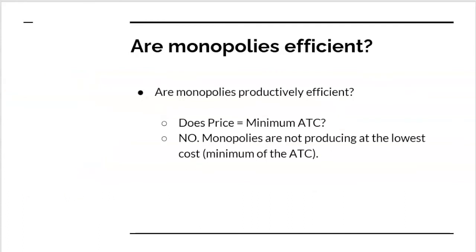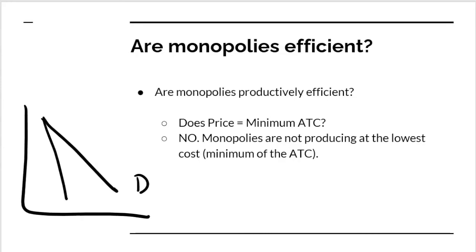And so are monopolies productively efficient? Does price equal the minimum of our ATC? Well, the answer is no. If we draw our graph again, and for sake of time I'm not going to label it, but please make sure you label your axes as well. Let's say they're making a profit.